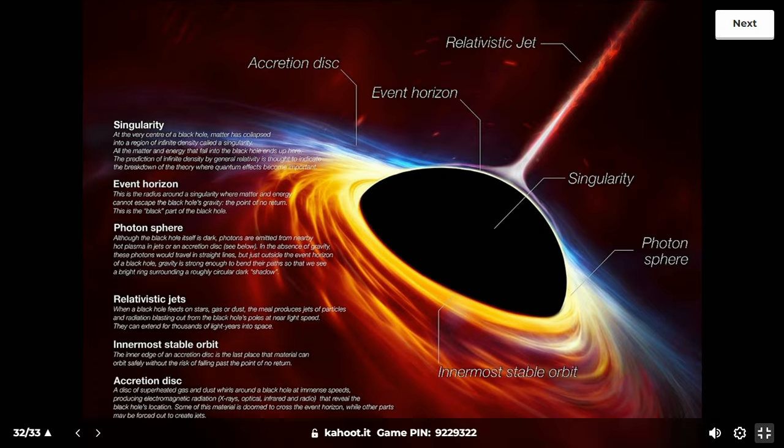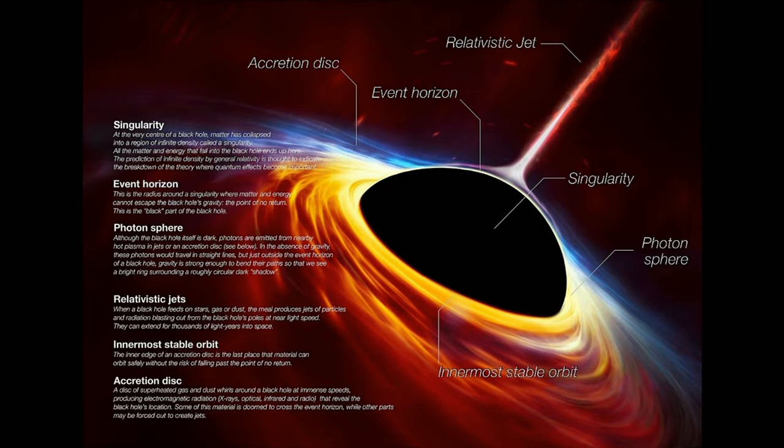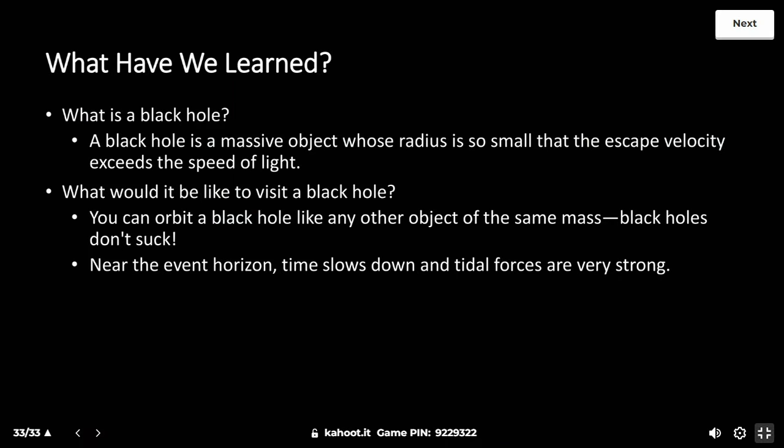So just a reminder of all the different parts of the black hole. And then just to summarize, a black hole is a massive object, and it's so dense that not even light can escape from its event horizon. And a common misconception people have is that black holes suck like a vacuum cleaner.